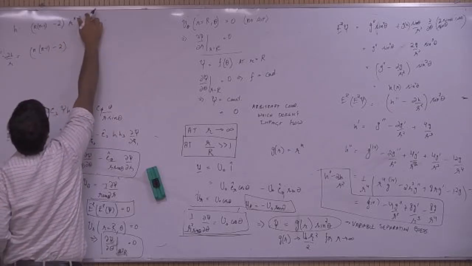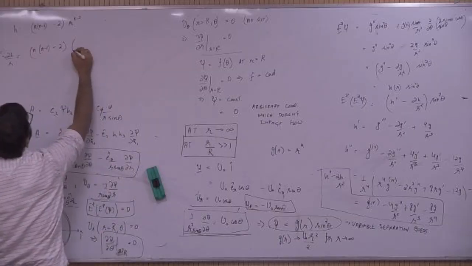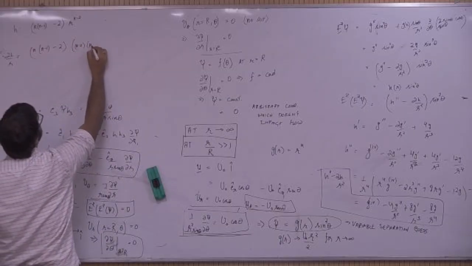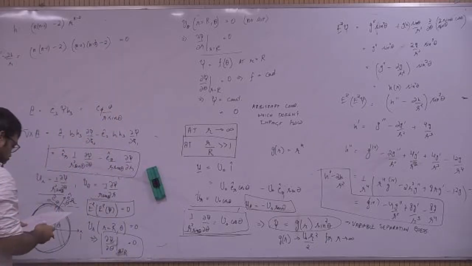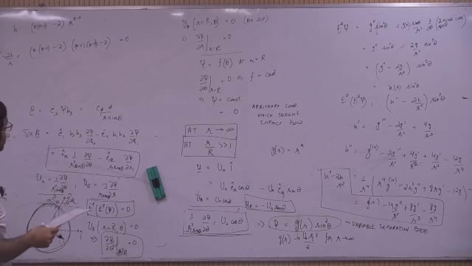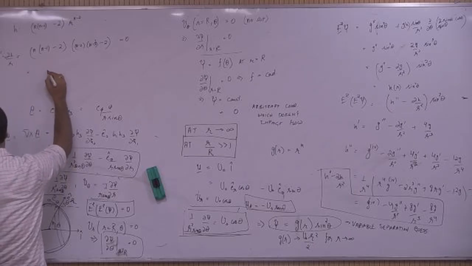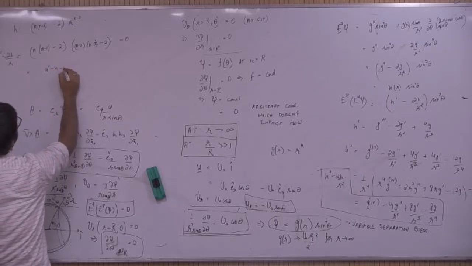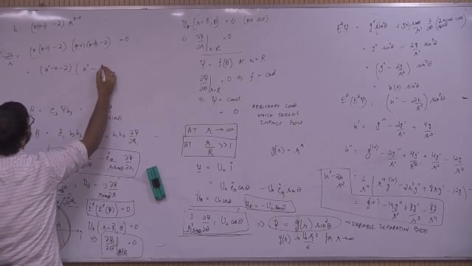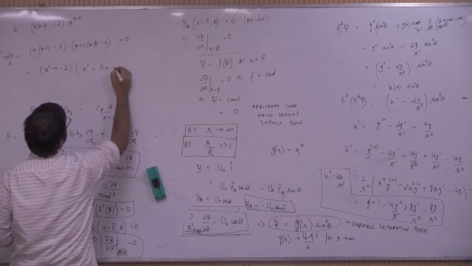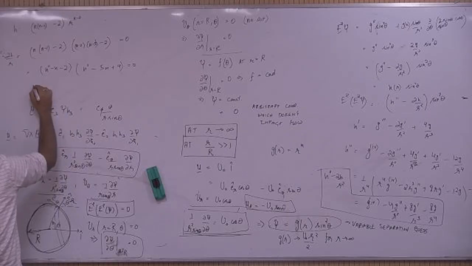We have to treat r to the power n minus 2 as the function, and then we'll get n minus 2 into n minus 3 minus 2 again. And this you can open it up. This will be n square minus n minus 2, and this is n square minus 5n plus 4 equals 0.